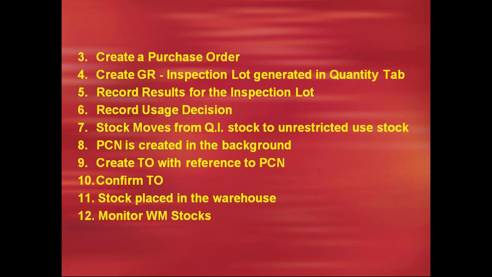As a result, whenever the stock is moving from one stock type to another stock type, a PCN is created, a posting change notice. Again, with the PCN, we create a TO with reference to the PCN. Then you confirm the TO and the stock is placed in the warehouse. We monitor the WM stocks.